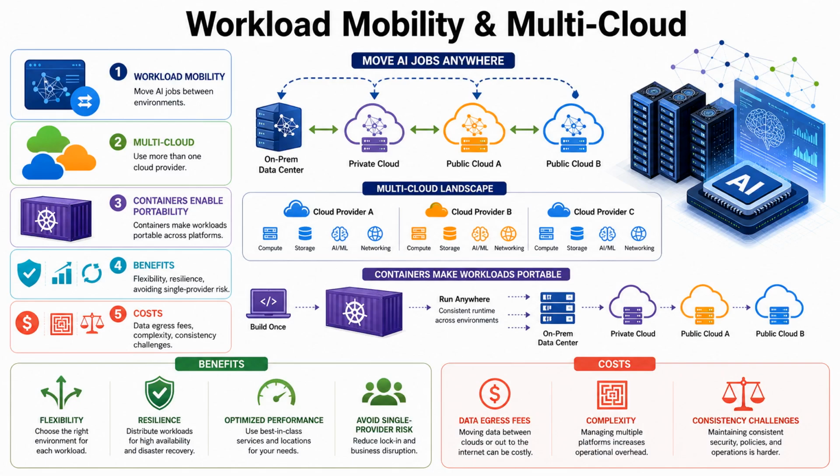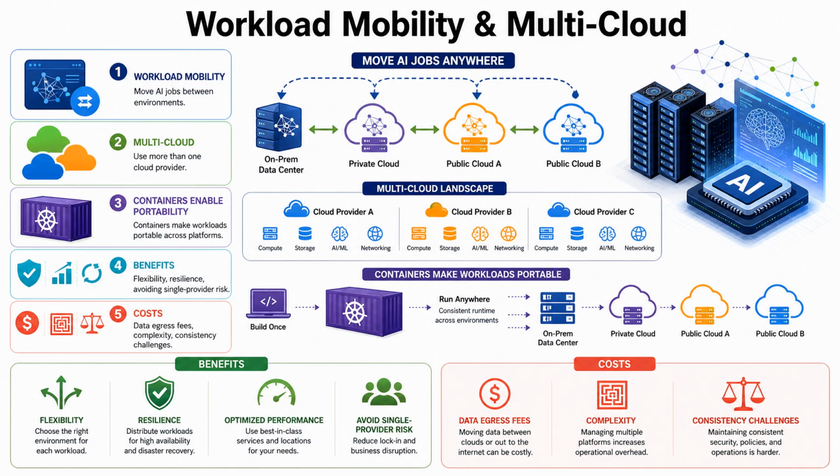Let's talk about staying flexible, because the worst position to be in is stuck. Number 1, workload mobility: your ability to move an AI job between environments. Look at the top diagram, on-prem to private cloud to public cloud A to public cloud B, without rebuilding it from scratch. Number 2, multi-cloud: deliberately using more than one cloud provider, like that landscape showing provider A, B, and C, each with their own compute, storage, and networking.